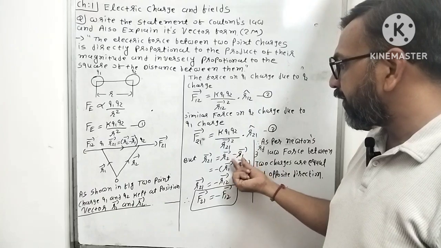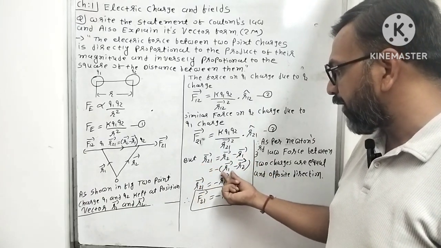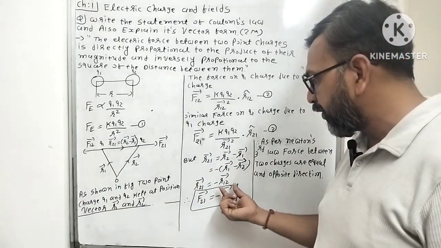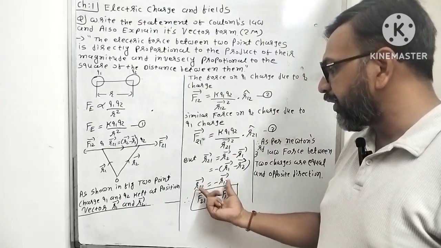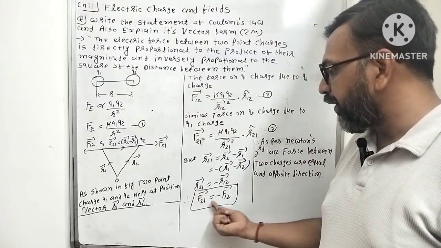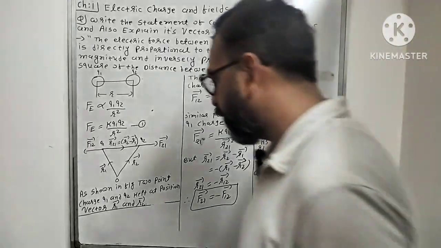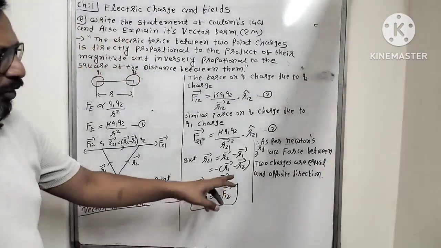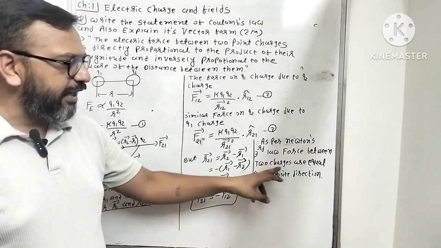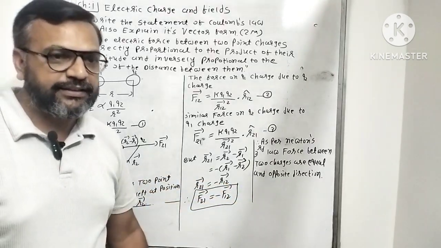So r2 minus r1 is written as r21, and r1 minus r2 can be written as r12. So from this equation we can say that F21 equals minus F12. So according to Newton's third law, the forces between two charges are equal and opposite in direction.